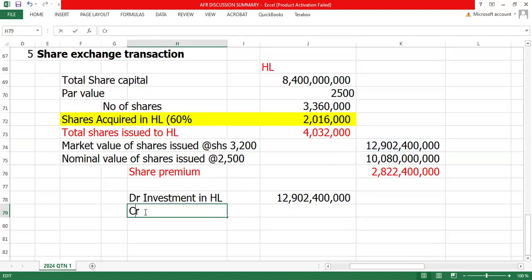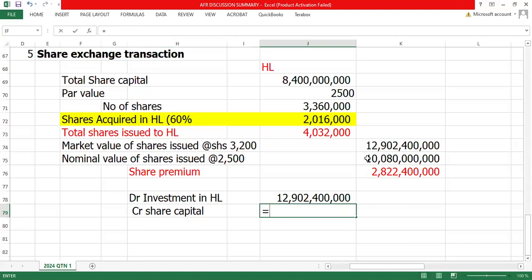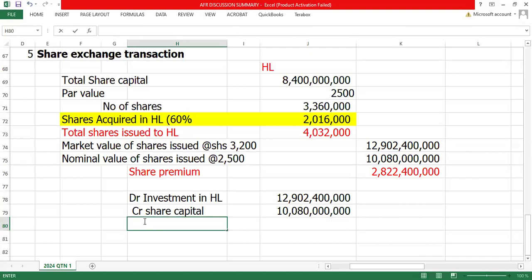Then you credit the share capital of HL at nominal. Always know that the share capital must remain at par value.